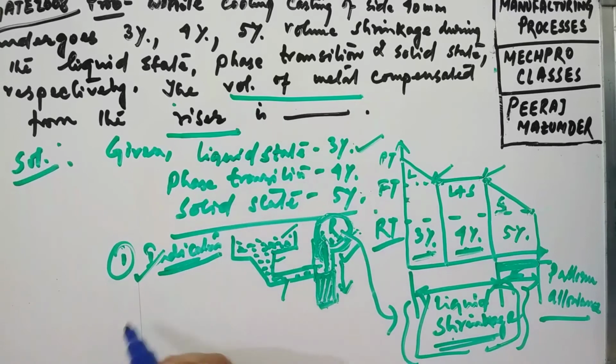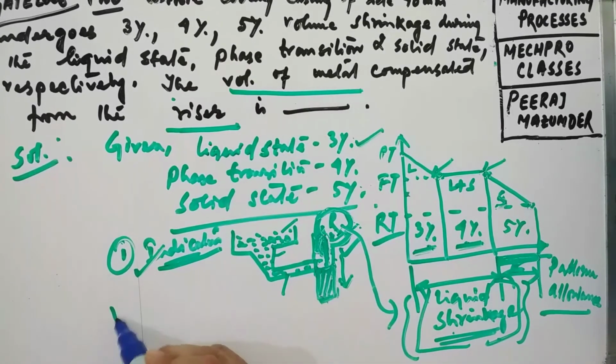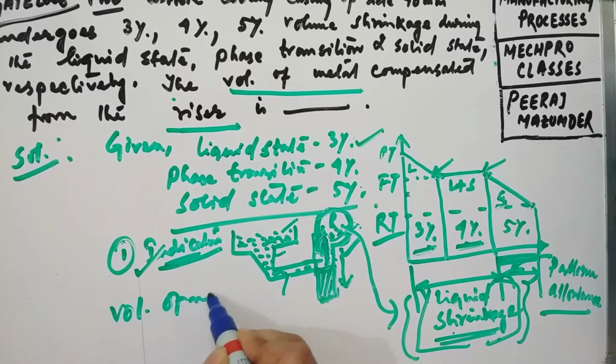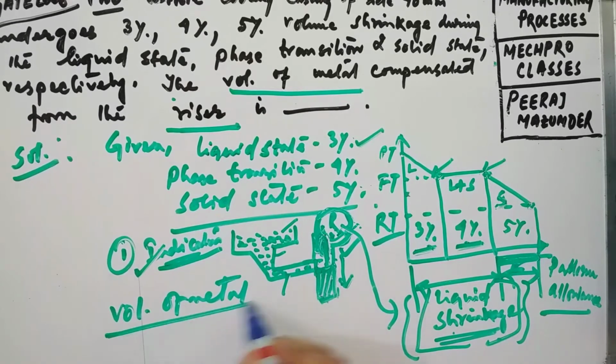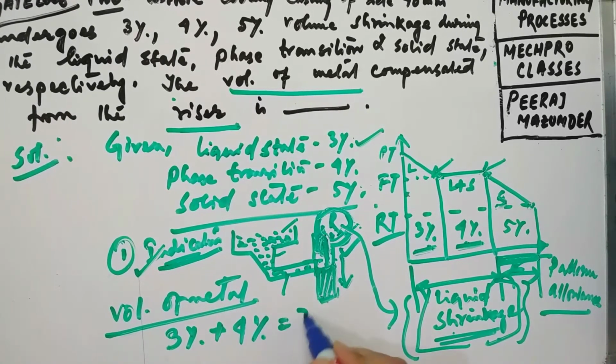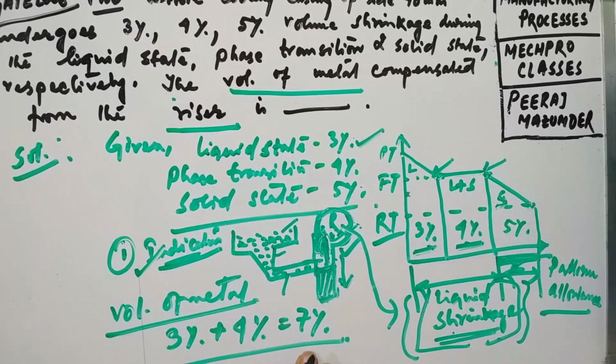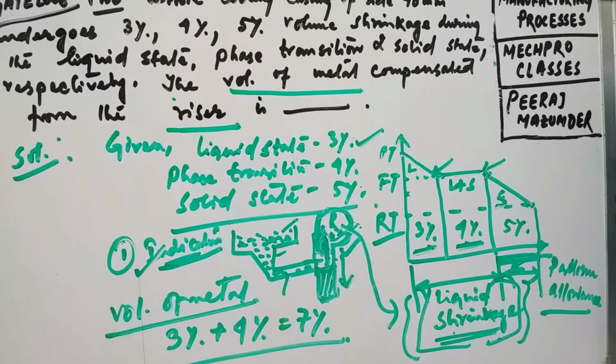So you can simply write the volume of metal being compensated from the riser is 3% plus 4%, that is 7% only. So that is the answer, 7%. It is a simple problem, but in the background there is a good concept. I think it will clear your concept behind the function of the riser. Next we will move on to another problem.